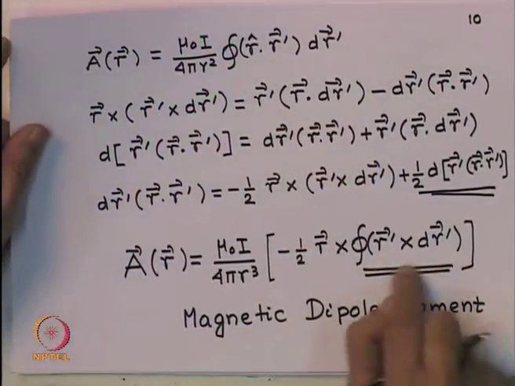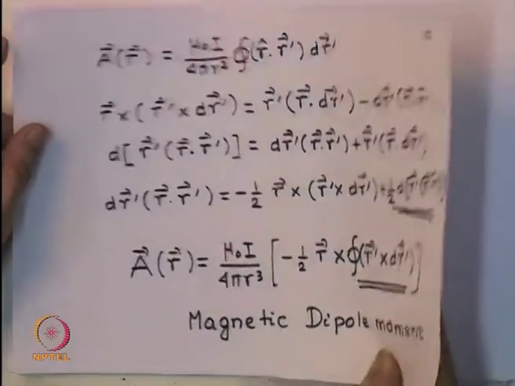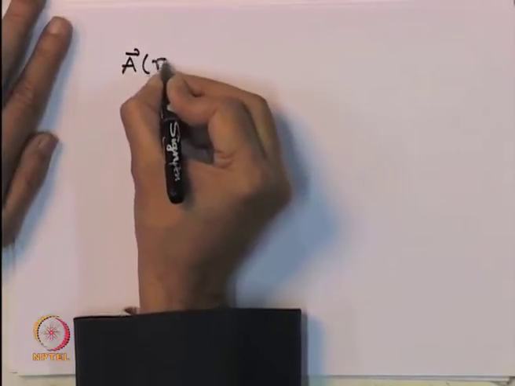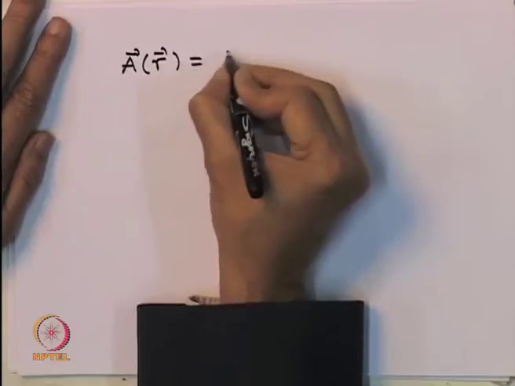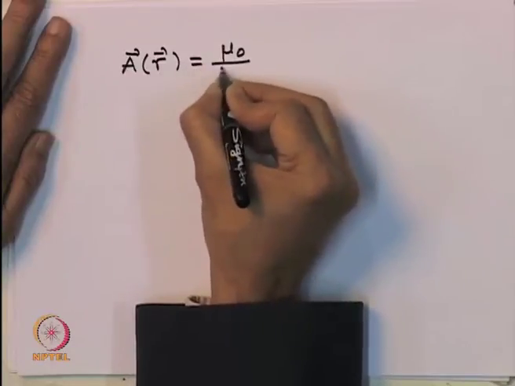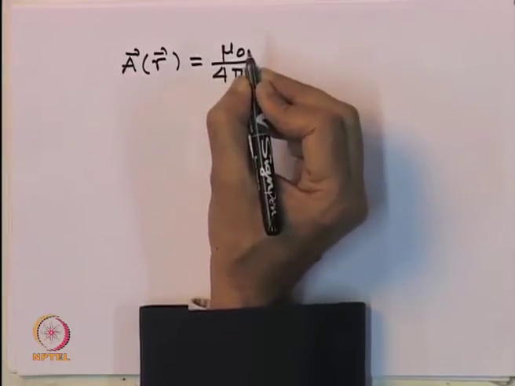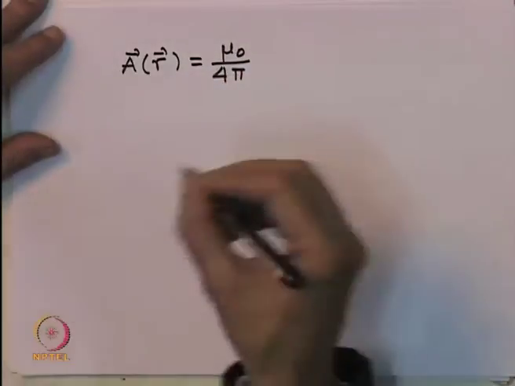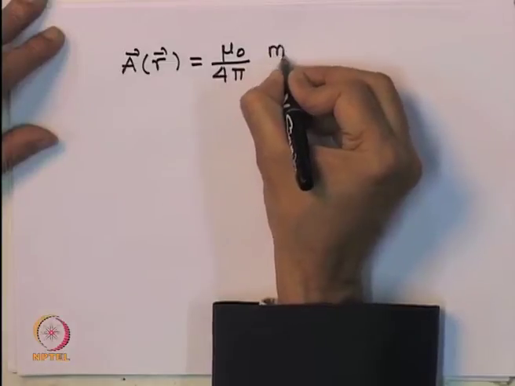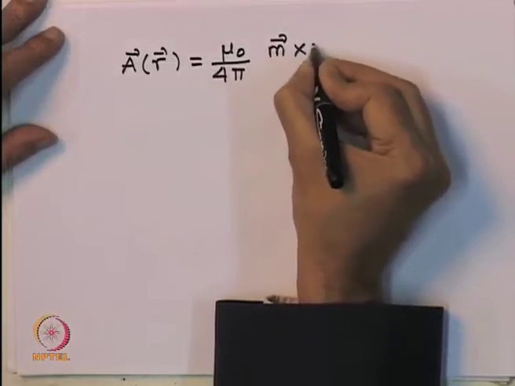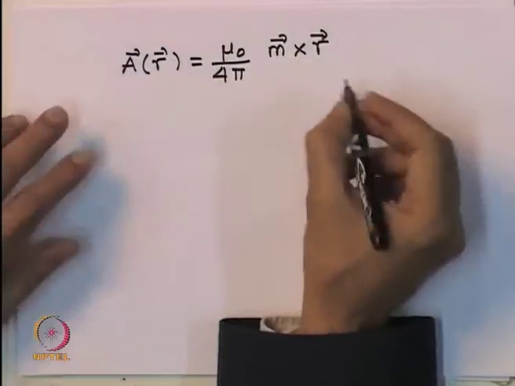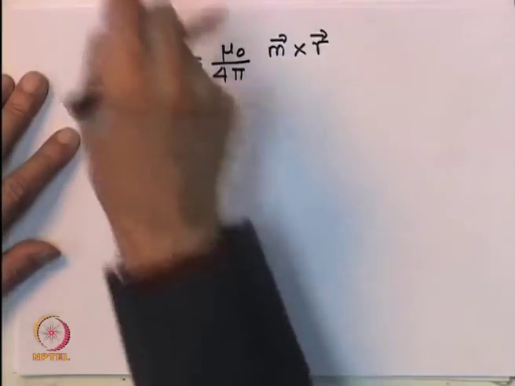Half of this is the area, and so if you look at this expression, you will get A of r is given by mu 0 by 4 pi, I is taken care of in the definition of the magnetic moment, and I get m cross r, that minus sign I have taken care of by reversing the order of the cross product.